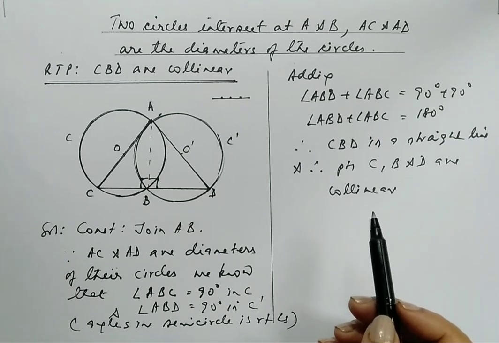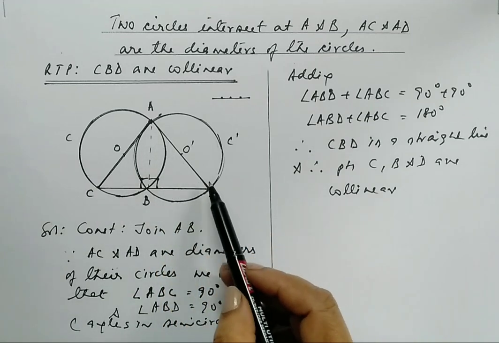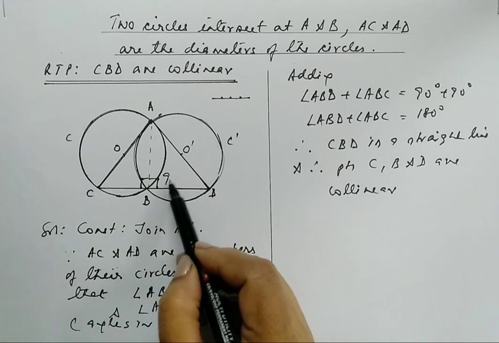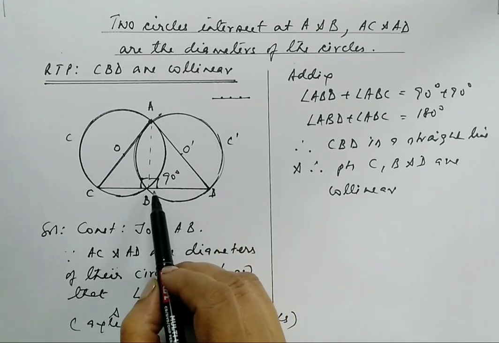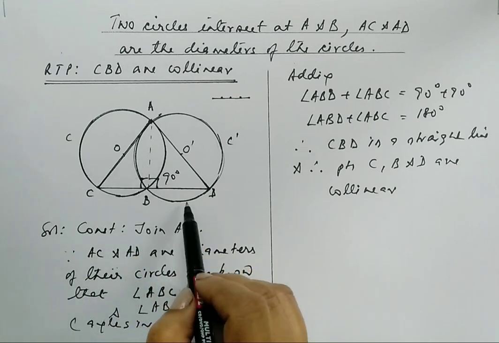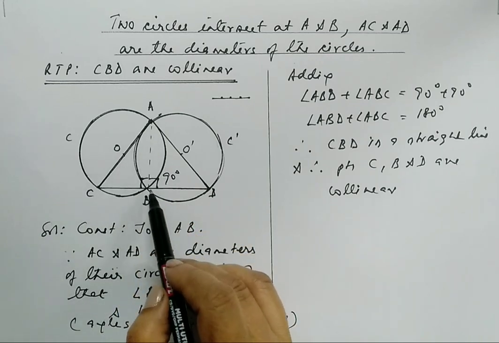So this is not rocket science, it's very, very simple. The only property that we use is that this being a diameter, it will subtend 90 degrees when it subtends an angle on the circumference. The same applies here.